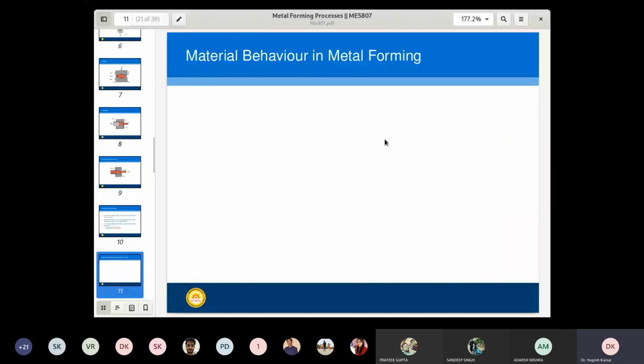Since we are going to discuss metal forming processes in detail, the first important topic we must understand is how our material is going to behave under the action of forces. I will give you some examples.